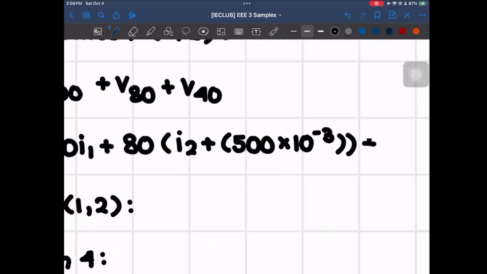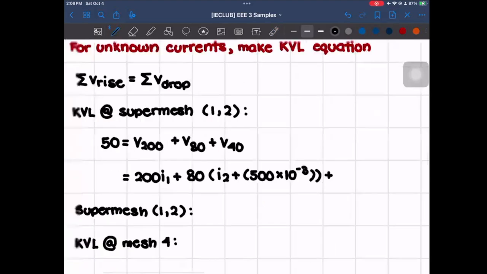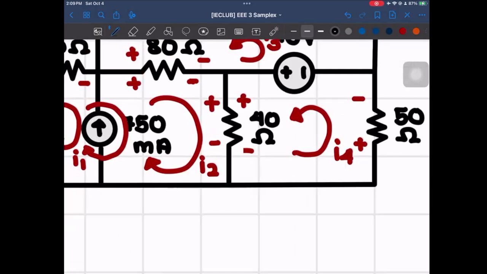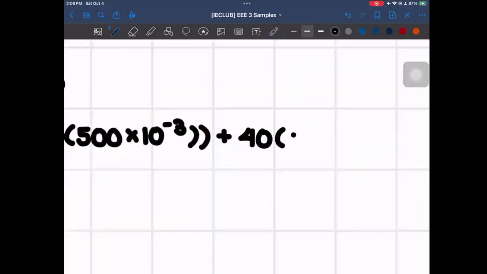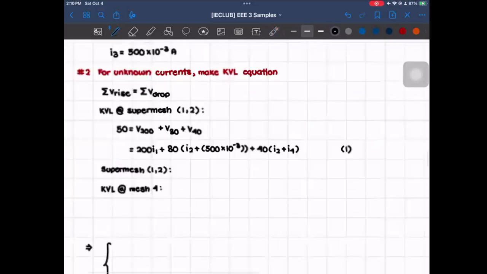And then for V40, it's in between I2 and I4, which is both going the same direction downwards, and also follows the positive to negative polarity here. So that means that what we could actually do is 40 times I2 plus I4. And that will actually be our first equation.